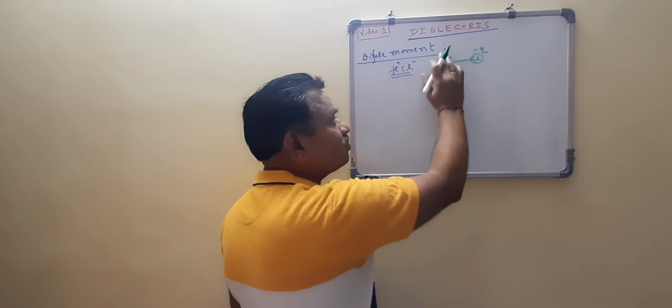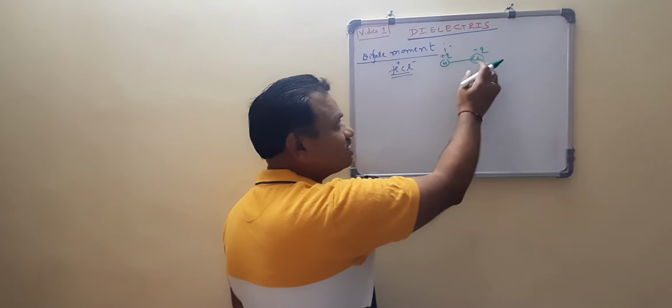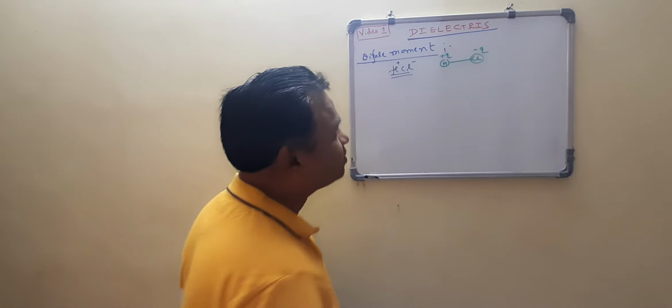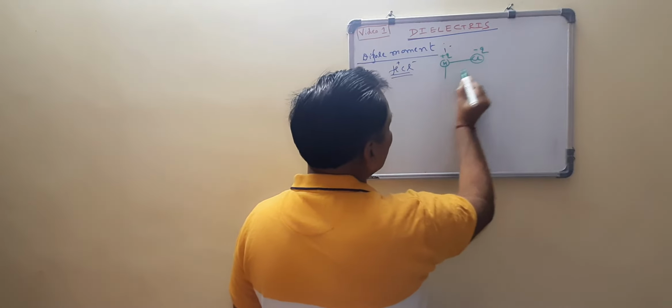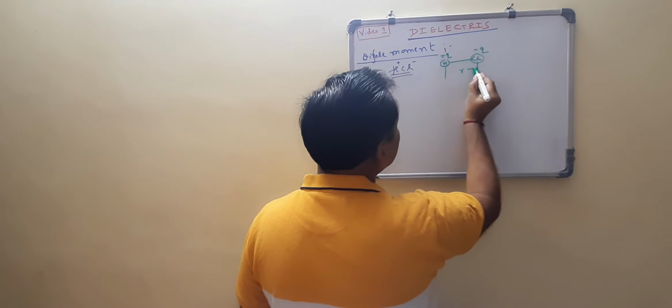The magnitude is the same, only opposite. This is positively charged and this is negatively charged. These two charges are separated by distance r.